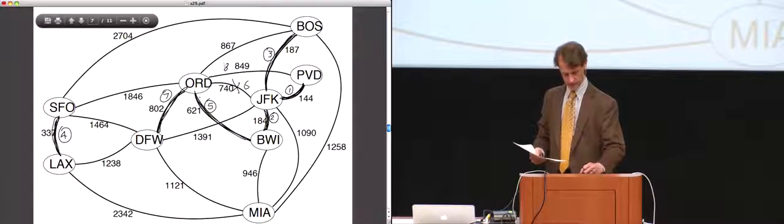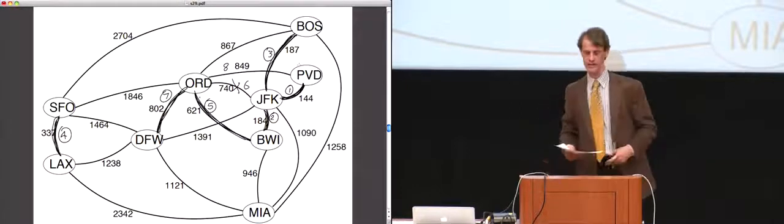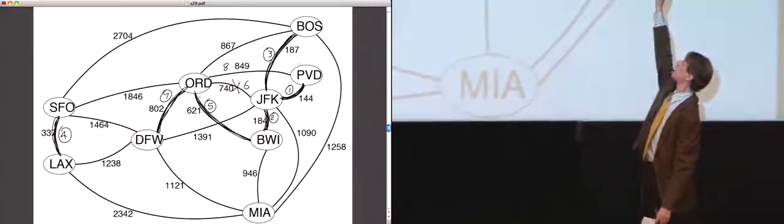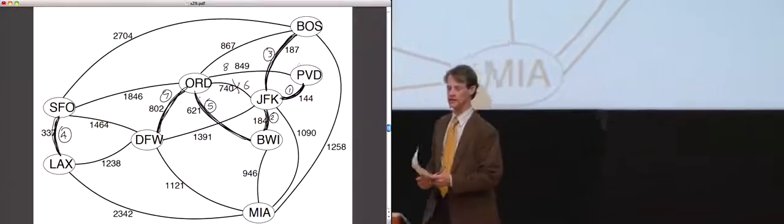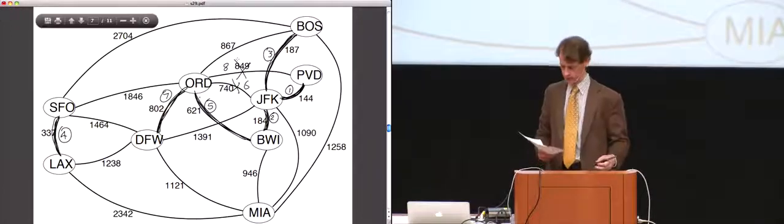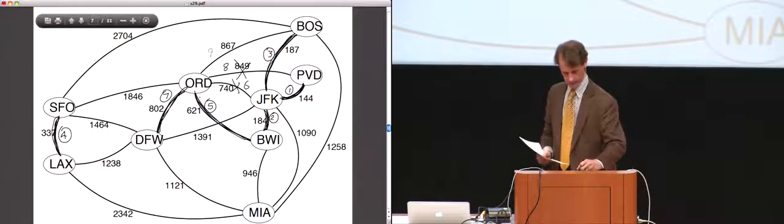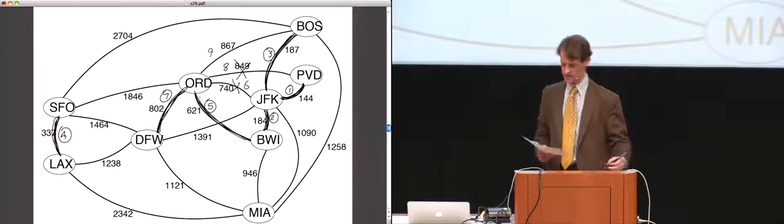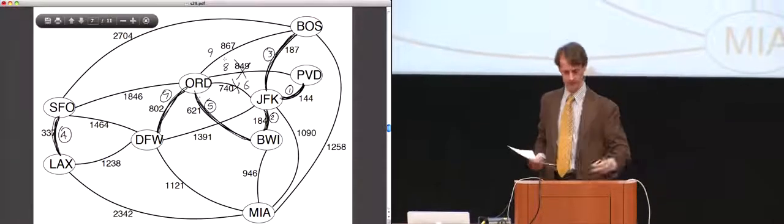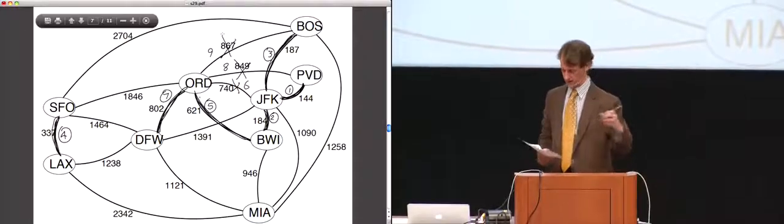The 8th smallest edge is over here, PVD to ORD, but they are connected. ORD goes to BWI to JFK to PVD, so this edge is not going to make it into the minimum spanning tree. The 9th smallest edge is Boston to ORD, and again, they are already connected by a path, so this edge is not going to make it.